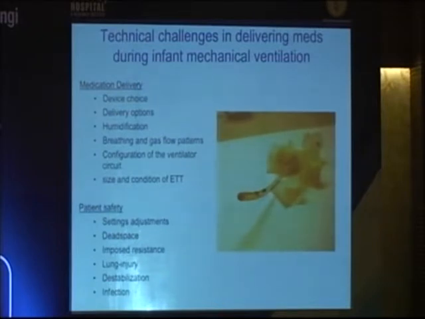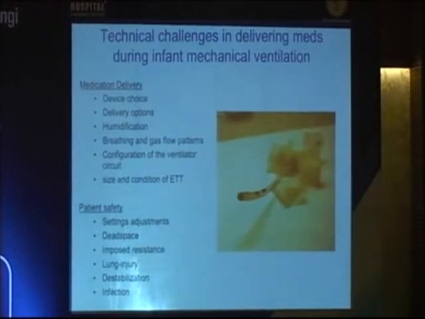Those small particles are actually going to attach to the aerosol particles, and that particle can fall out of suspension very easily. So keep in mind that during mechanical ventilation, probably the largest factor for reducing the amount of drug that makes it into the lungs is going to be the presence of humidification.